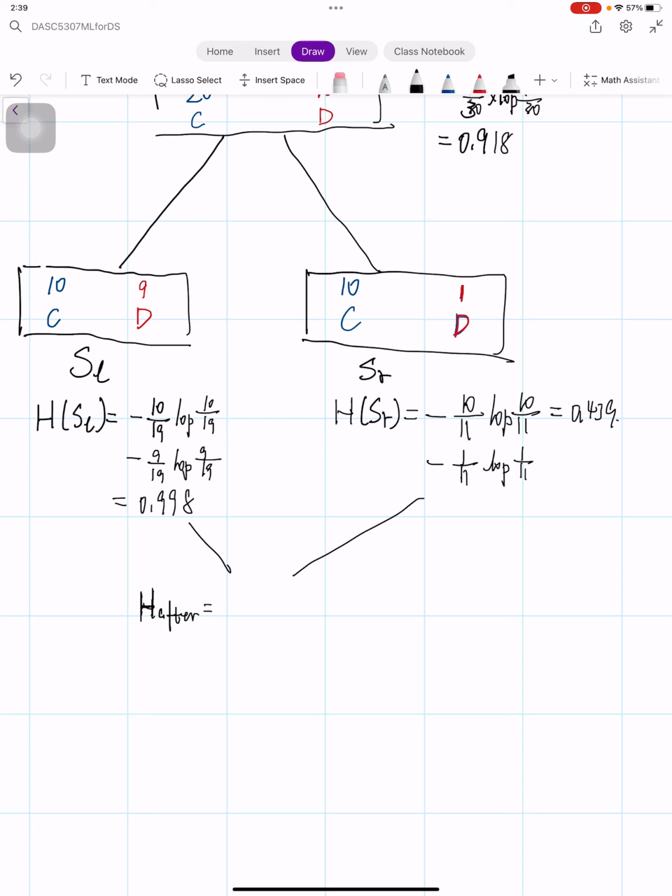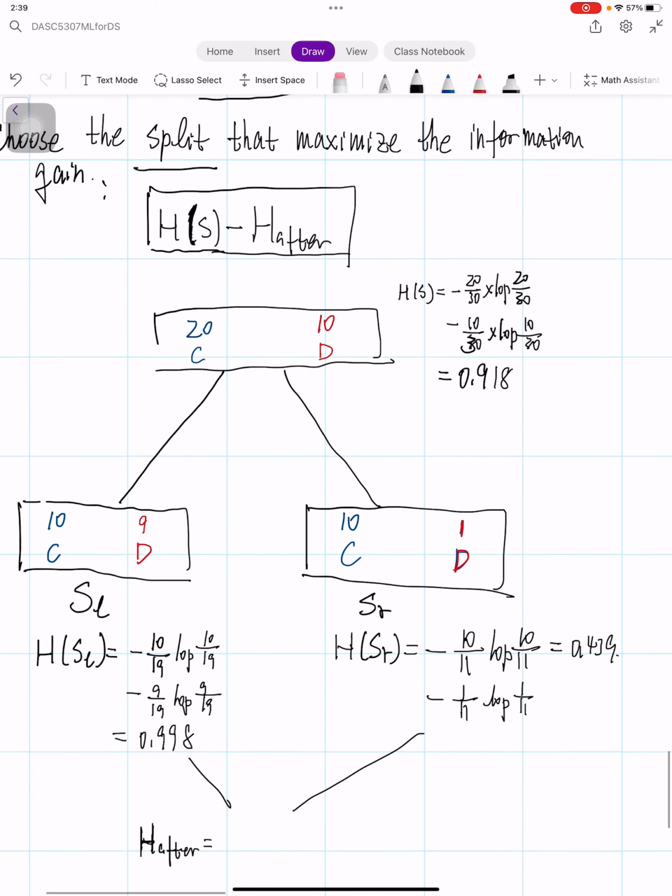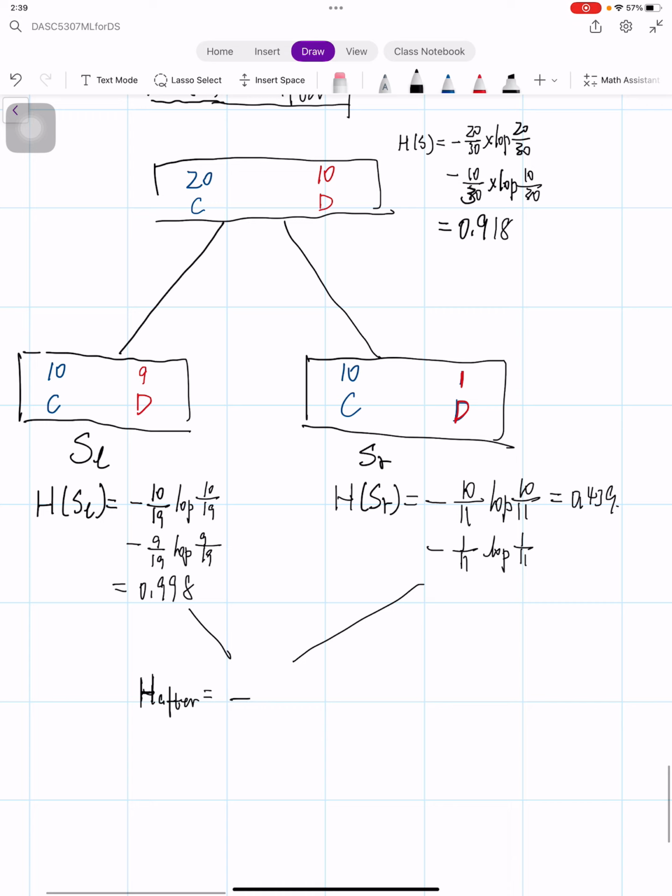And then, using these two numbers, we calculate the H after. Remember H after is calculated this way. On the left-hand side is 19 cases and on the right 11, so it's 19 multiplied by 0.998 plus 11 multiplied by 0.439, divided by 30, which gives you 0.793.